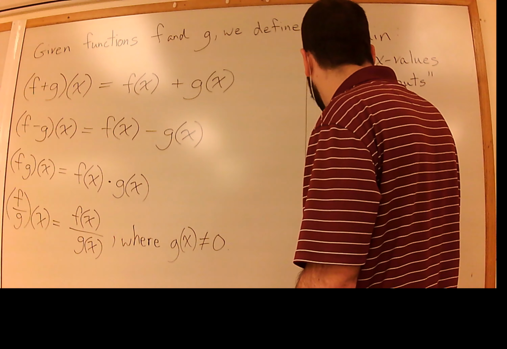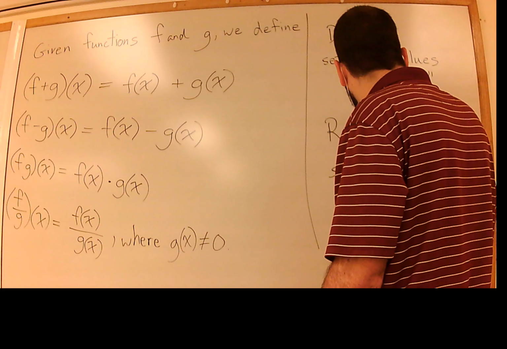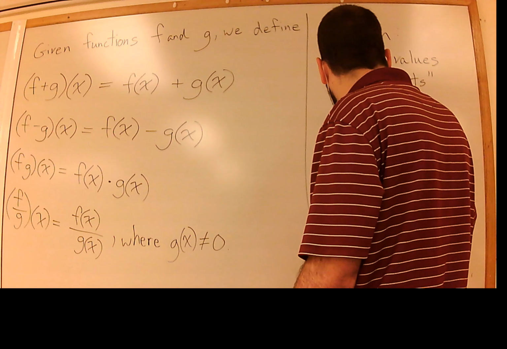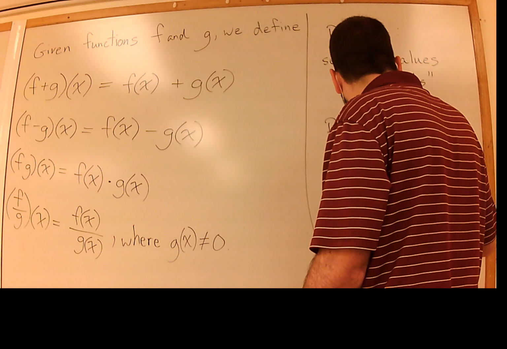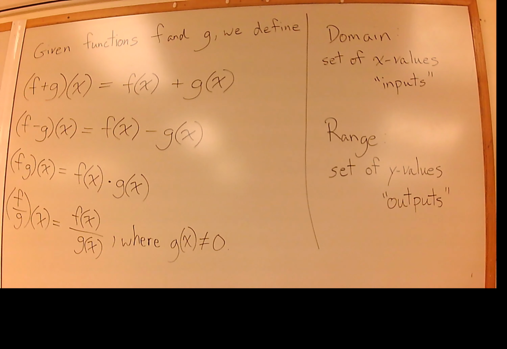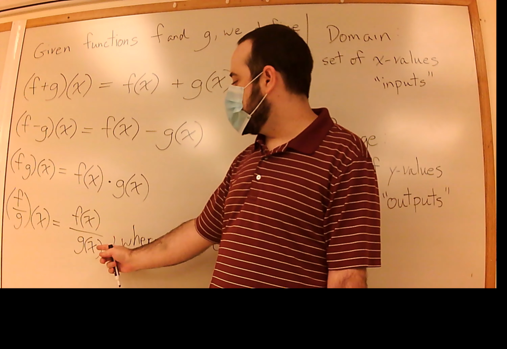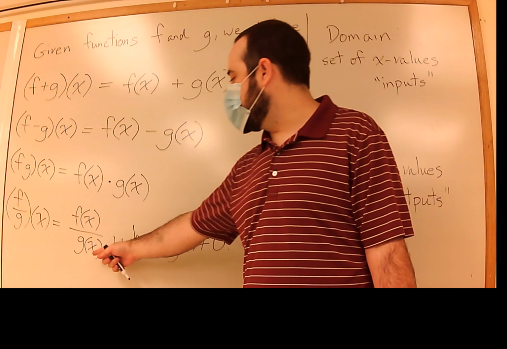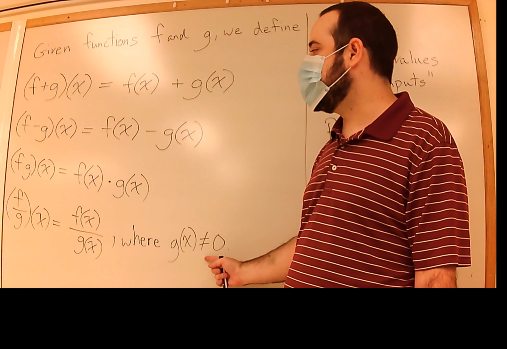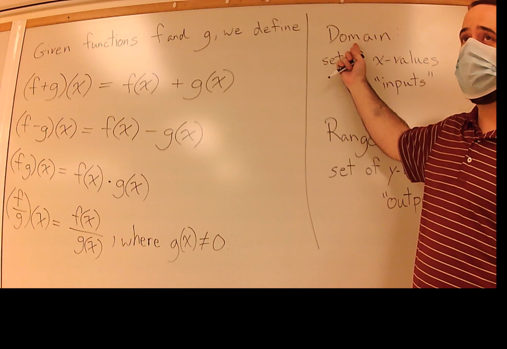So range is a set of y values, or the set of outputs that we can get out of the function. So we kind of dealt with that a little bit right here, and like we said, this one's not gonna work, and if our input makes g of x 0, right, we can't have that, so whatever value would make g of x be 0 here would not be in the domain of the new function.